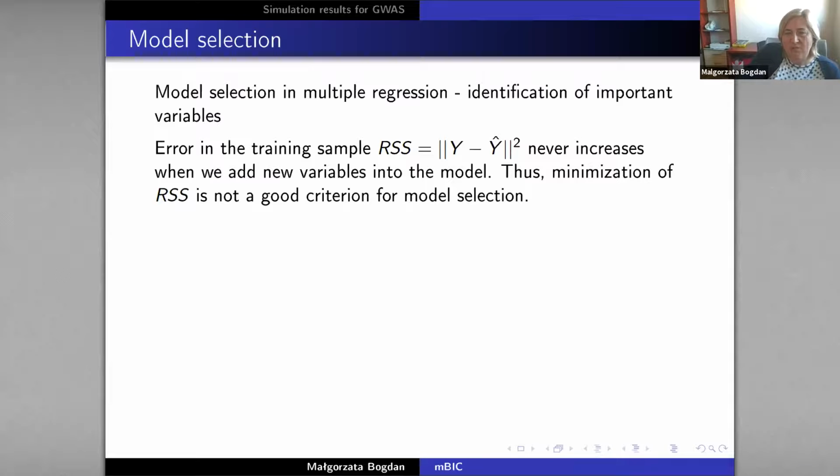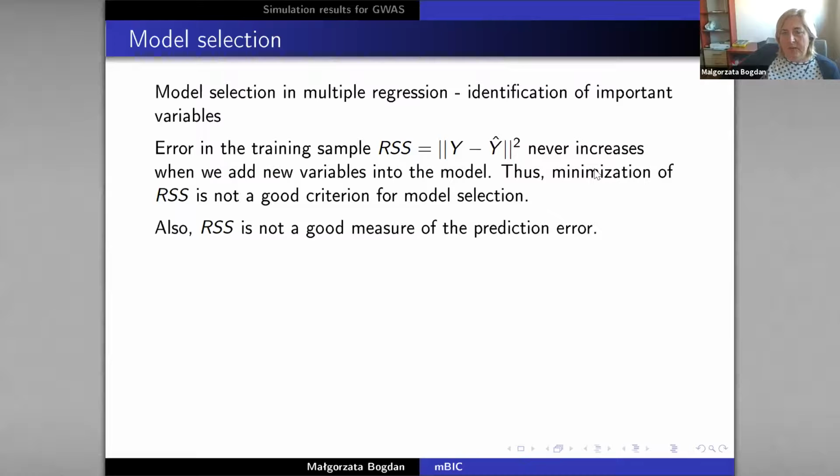So residual sum of squares is not a good criterion for model selection. Or, if you are familiar already, there is such a thing as R-square. R-square measures the percentage of explained variability. And again, R-square is not a good criterion to select between models of different dimension.